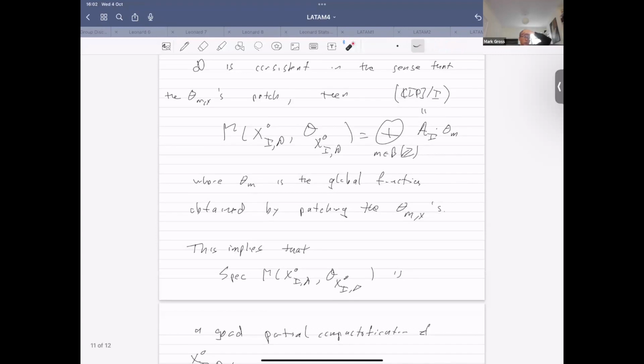What I'm going to do starting in 10 minutes' time is explain how to view this ring a bit more abstractly. This is a ring you could write down without knowing anything about D. Sorry, I should say it's a module over A_I that you could write down without knowing about D. So then you could ask, what can we say about the product on here? Can we abstract away from that?